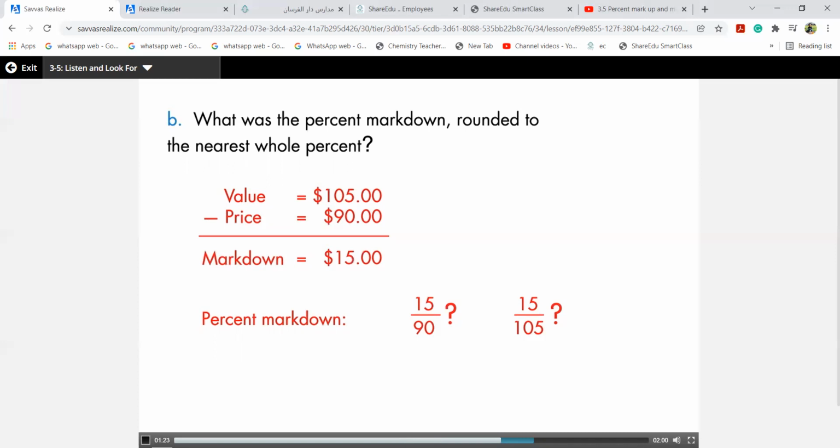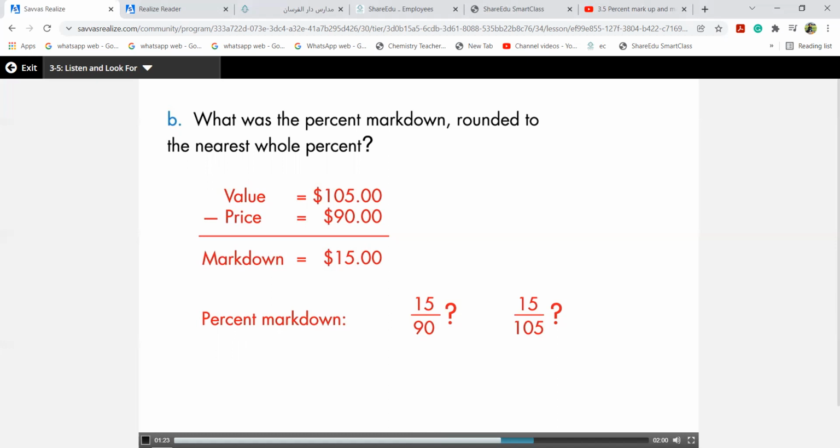You will divide X by Y, that is, the part by whole. 15 out of 105 times 100. Remember how to find the percentage: part by whole, percent by 100. So part by whole, 15 over 105 times 100.